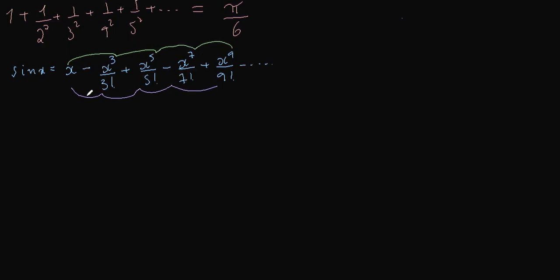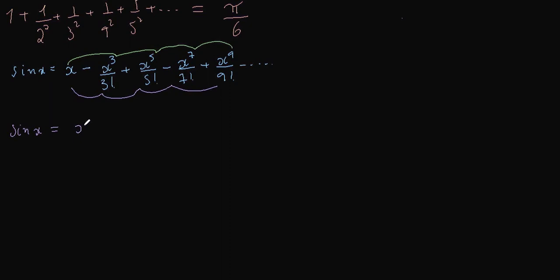We also know a second fact that we're going to need for this proof, which is that sine of x can also be expressed not as an infinite series but as an infinite product.